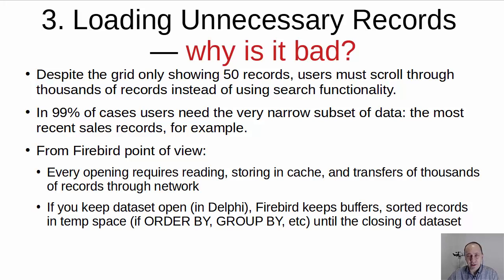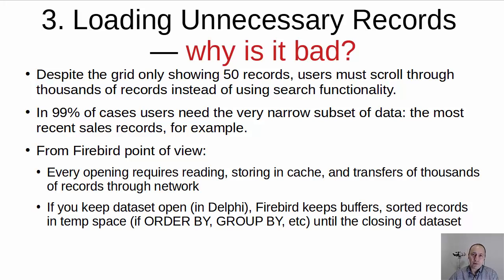Usually the typical grid shows 50 or even fewer records. So definitely it makes sense to limit the output of loading. Also, very often users need only recent data or pre-filtered data.